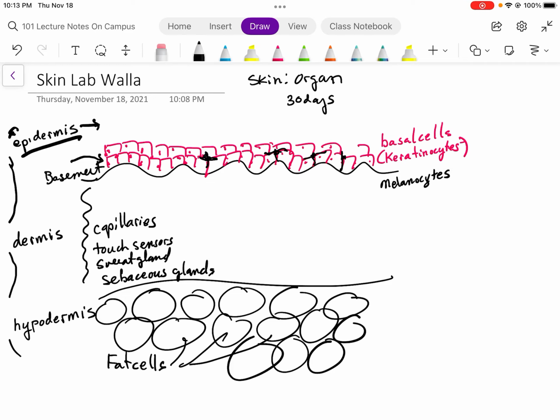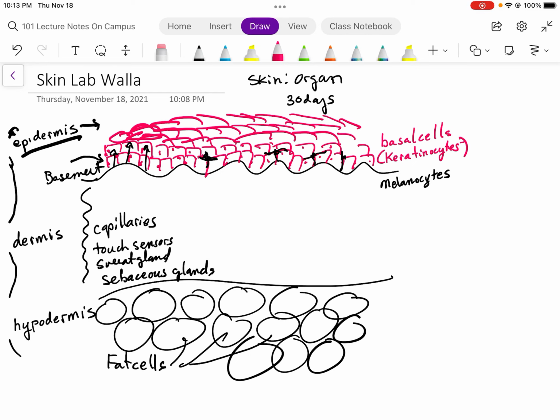As they divide, their daughter cells move up. You can see here, I'll put some little arrows, that as the cells mature, they move further up, and as they get up further, they break down. As they break down, they make this really weird layer of broken cell membranes, but what's left is the material inside.